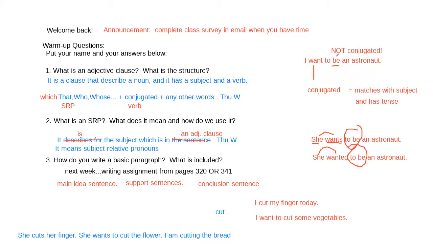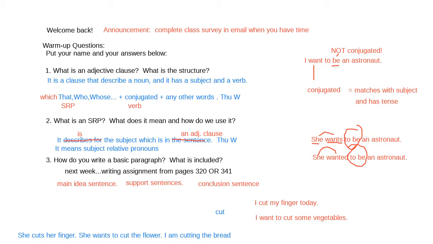your homework will be to choose a topic from page 341. Let's look over there real quick so I can show you where it is. Page 341. Exercise 41, that's right.